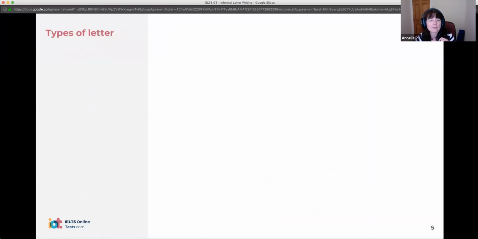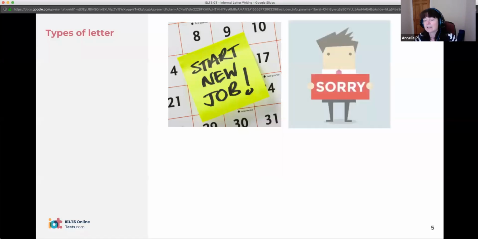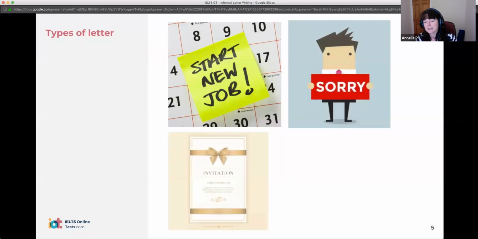Okay, so let's have a look at some different types of letters. So if you are writing to a friend, what could be the reason you're writing? What could be some example letters that they might ask you to write in the task 1? Okay, very good, Samin. So you could be inviting them for any kind of event. You could be giving advice or asking for advice. Very good.